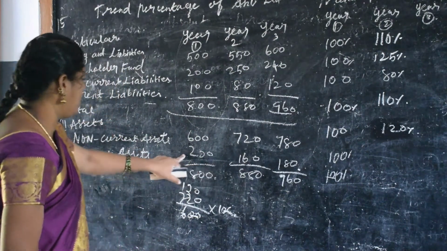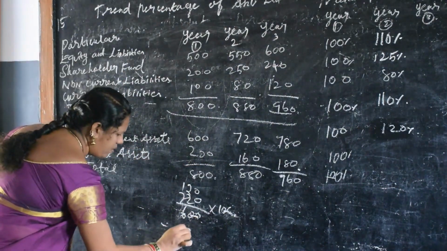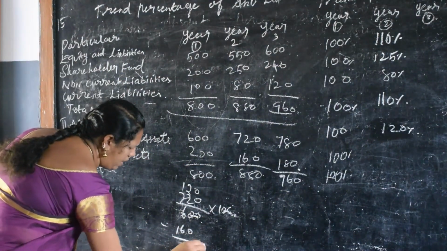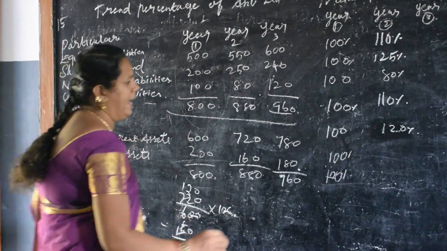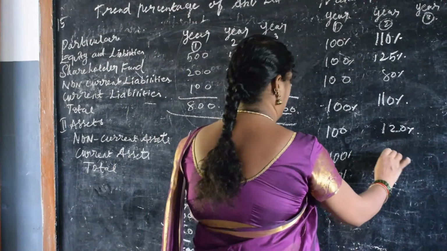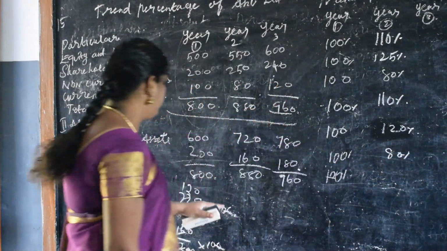And 160 by 200 into 100. Two zeros cancel, 8 times. That is 80 percentage.